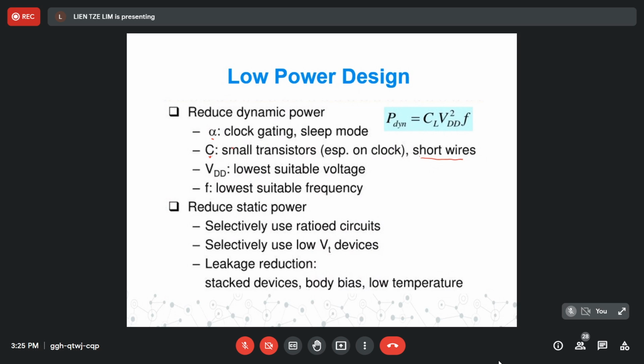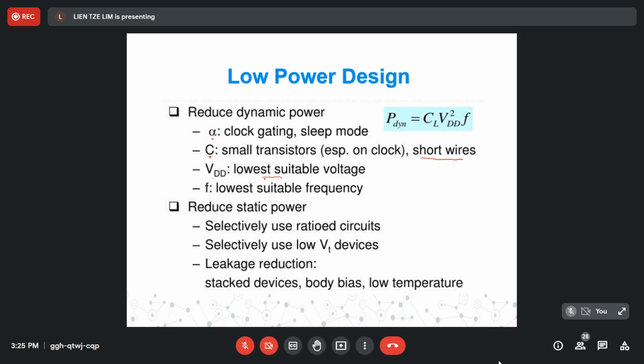And then the supply voltage. For supply voltage, we select the lowest suitable voltage. You must understand that the lowest is not necessarily the better. Here it means the lowest suitable.